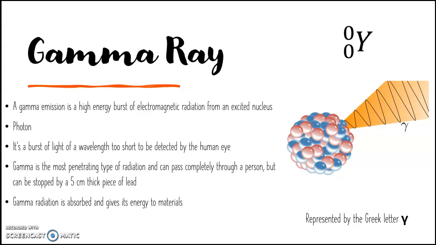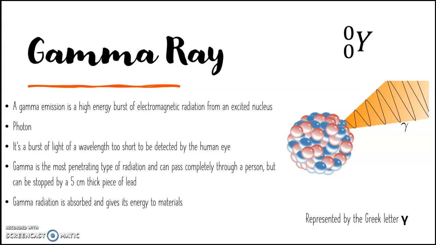Last but not least, gamma rays. A gamma emission is a high energy burst of electromagnetic radiation from an excited nucleus. It's an electromagnetic wave that is so energetic and the wavelength is so short that it can't be detected by the human eye, unlike regular light.